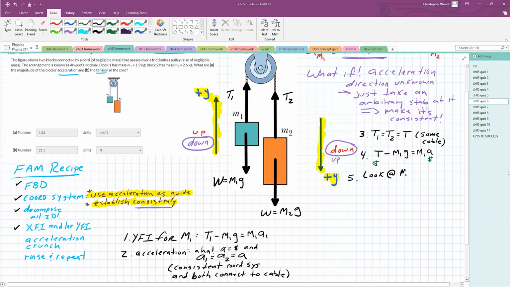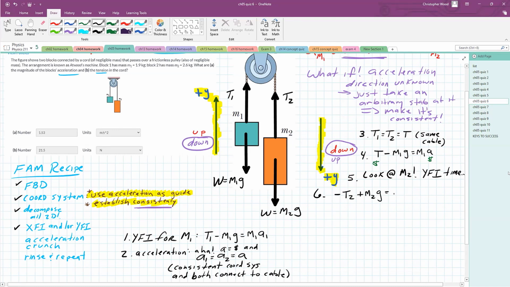M2. Let's get another Newton's second law equation from M2. So I'm going to do a Y force inventory for M2. It's Y force inventory time. So here goes. I have negative T2, because that's going in the negative Y direction. I have positive M2G, which is the weight.